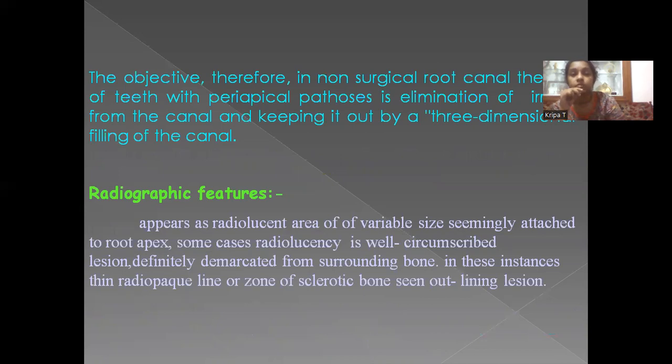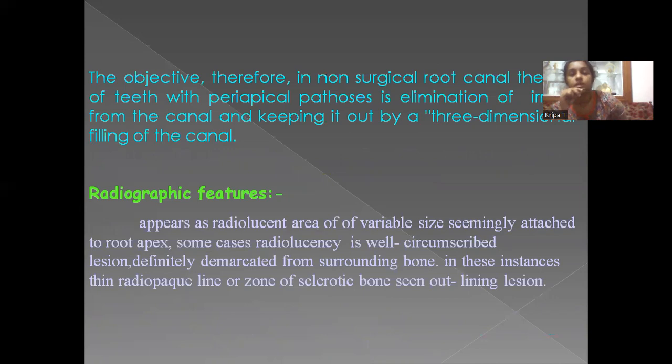So the objective in non-surgical root canal treatment in teeth with periapical pathology is to eliminate that irritation from the canal so that you can have very good healing at the periapex.